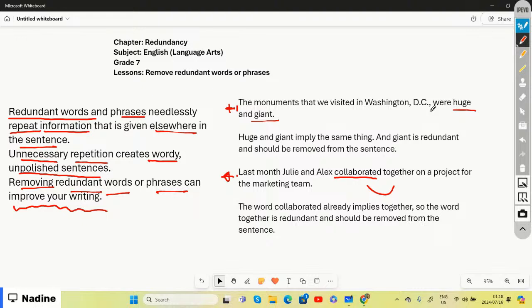And then the same with the second one, where we said last month Julie and Alex collaborated together on a project for the marketing team. And before I even go on to the next one, collaborate means to be together or to stick together.